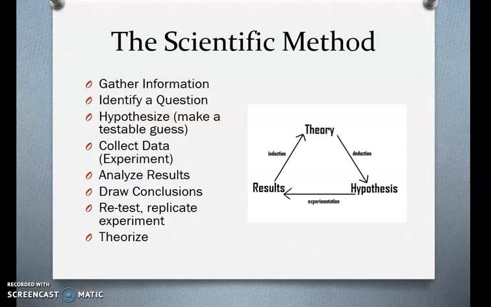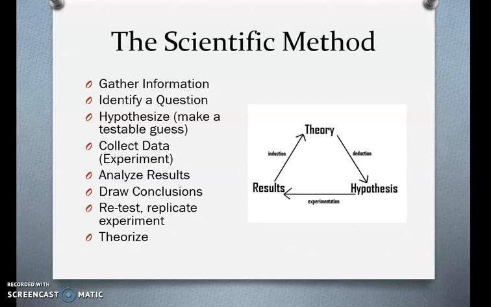Then from there, you can kind of identify a question, kind of in the realm of what you're interested in studying. And then we can create a hypothesis, which, as we know, is a specific testable prediction, which you can find empirical evidence to support or refute. And then, of course, in order to gather that evidence, you have to collect data.